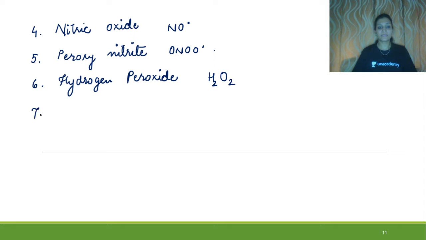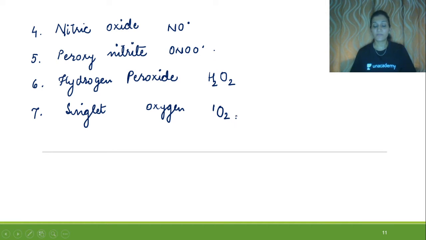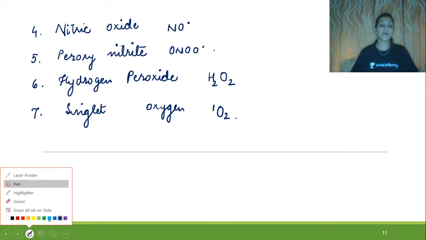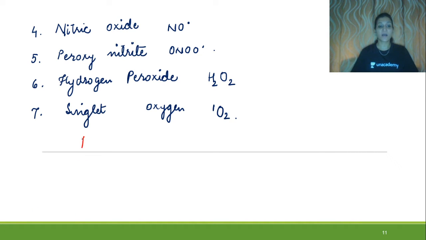Then next is singlet oxygen, denoted by 1O2. Right? So these are the examples of the free radicals, and in many cases they are also called ROS.